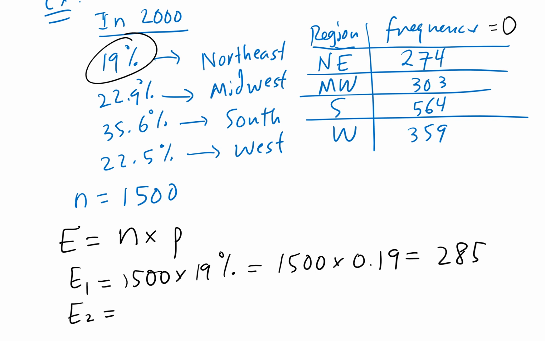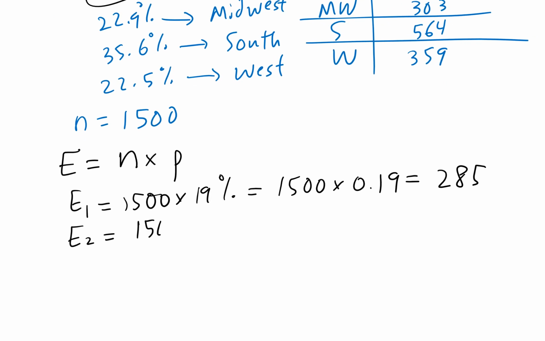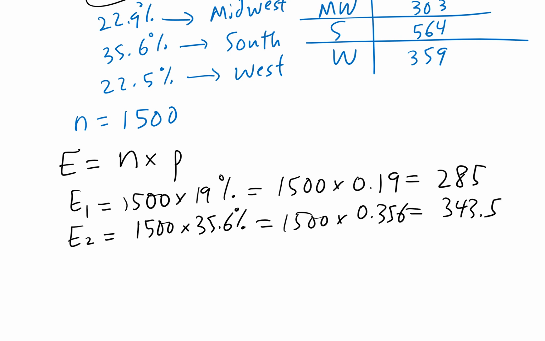E2, for the second one, is 1500 times 35.6%, so 1500 times 0.356. That gives me 534. If you get decimals, it's fine.